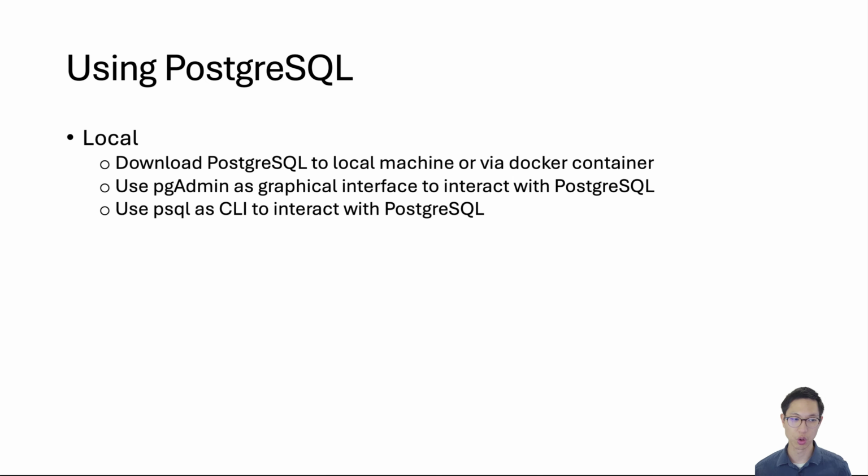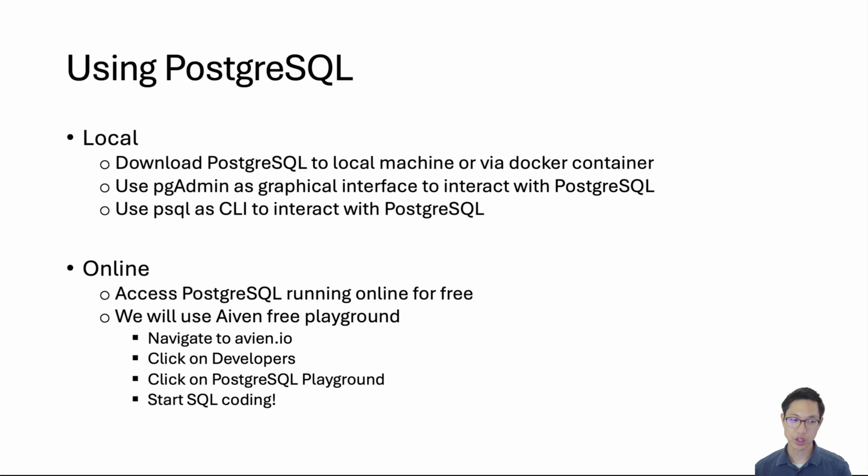You can use it locally by downloading PostgreSQL to a local machine or via a Docker container. Then you use pgAdmin as a graphical interface to interact with PostgreSQL, and you use psql as the CLI, command line interface, to interact with PostgreSQL. This is how you work with it locally.